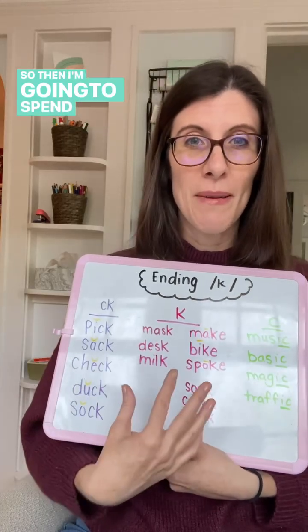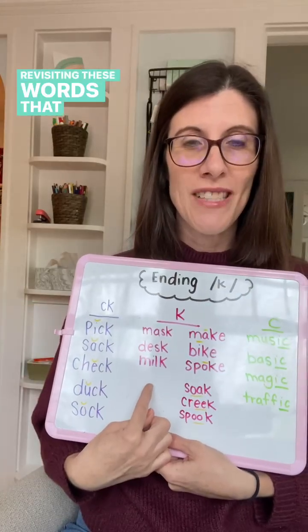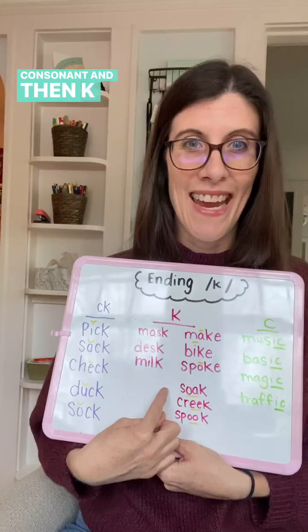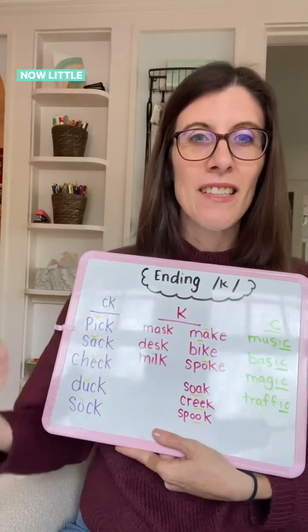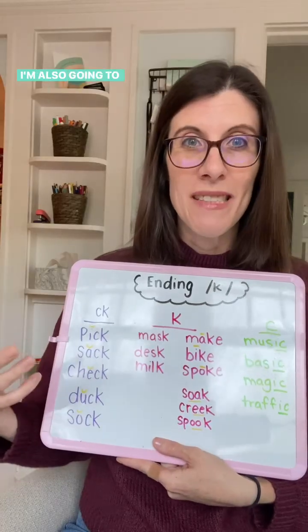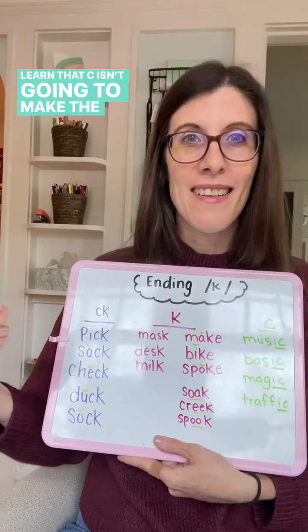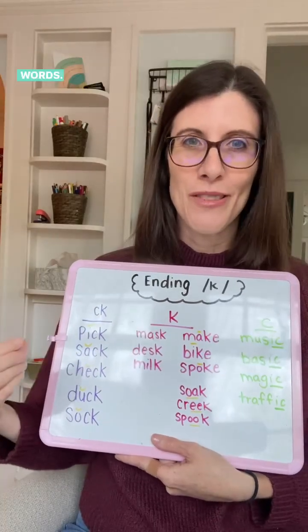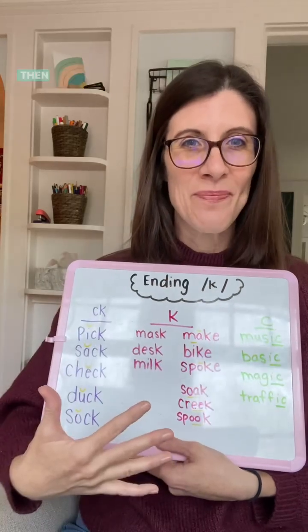So then I'm going to spend some time revisiting CK, revisiting these words that have a short vowel and then a consonant and then K, and then bringing in the words with KE. Now, little side note, I'm also going to be teaching CE because they're going to learn that C isn't going to make the k sound with silent E words. It's going to make the S sound. So it all goes together.